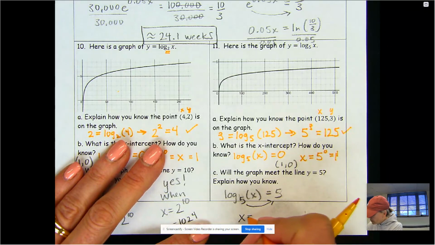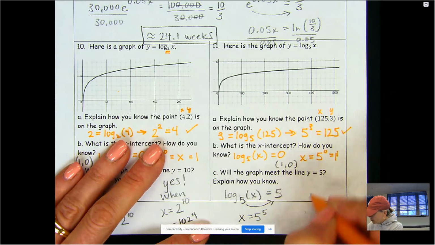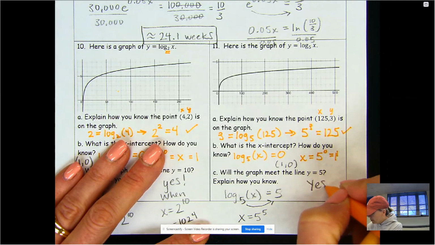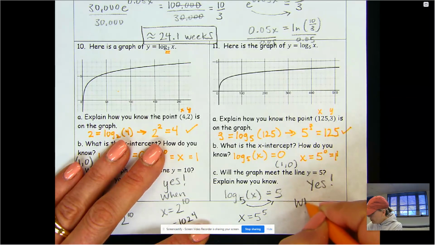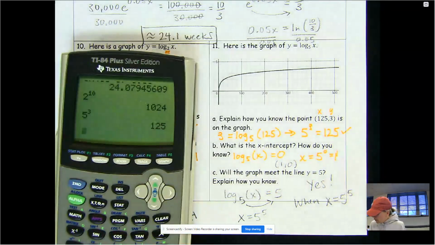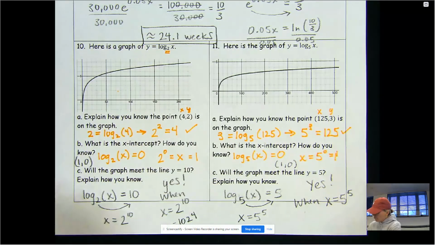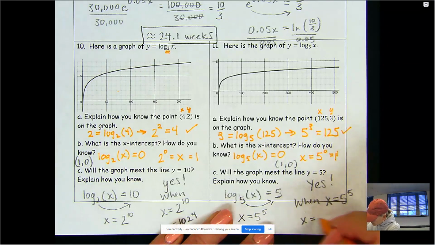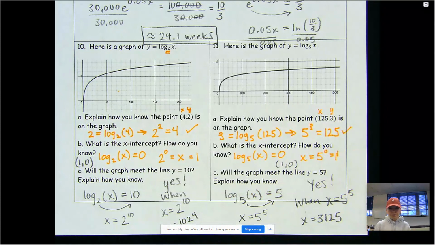So it will when x equals 5 to the 5th. Our answer is yes when x equals 5 to the 5th, and 5 to the 5th is 3,125. So it's yes again for that reason.